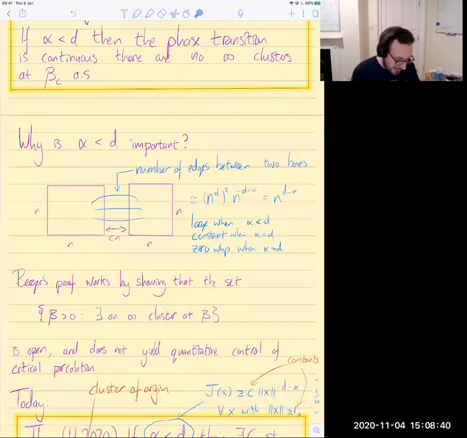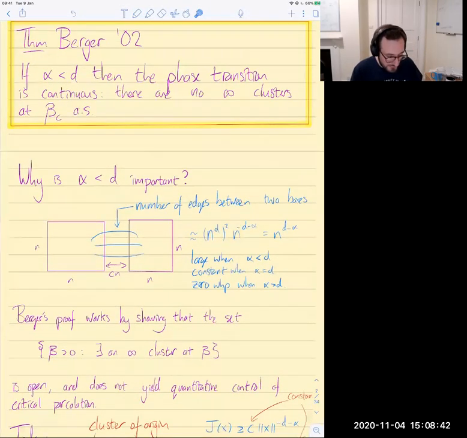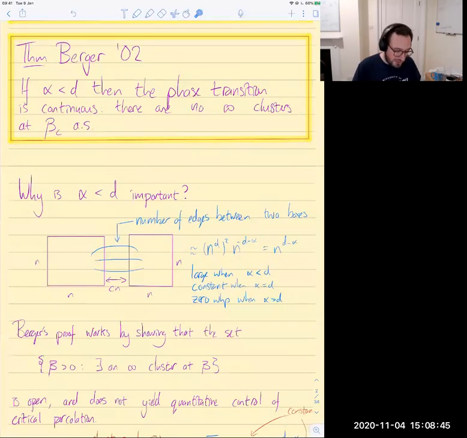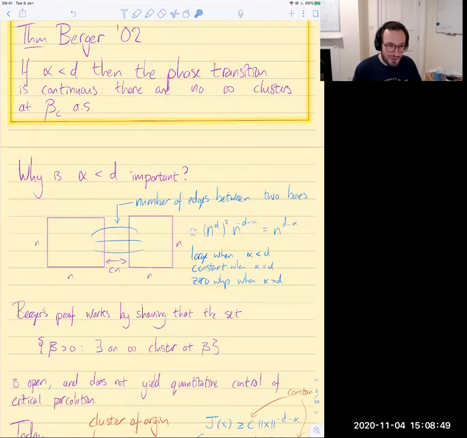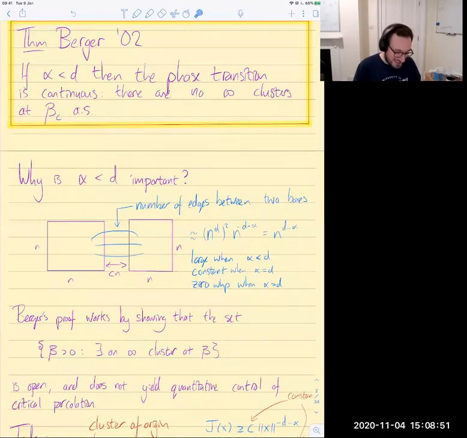Okay. And in fact, in Berger's proof of this theorem, it's very clear how this is used. I'm going to be talking about the new proof of the theorem, where it is less clear how this enters, but it must do so.